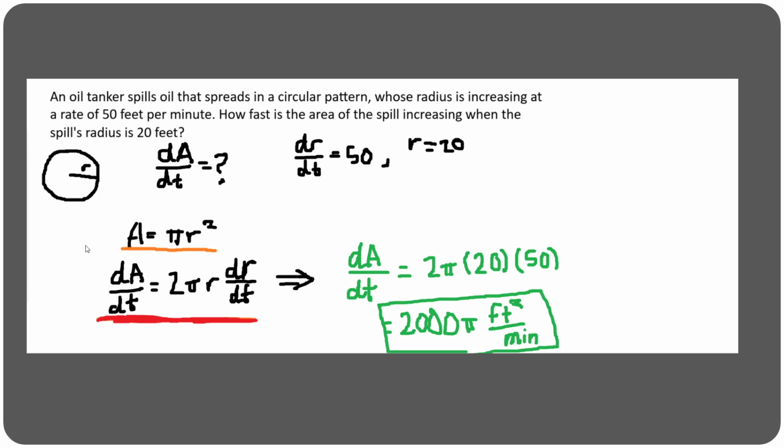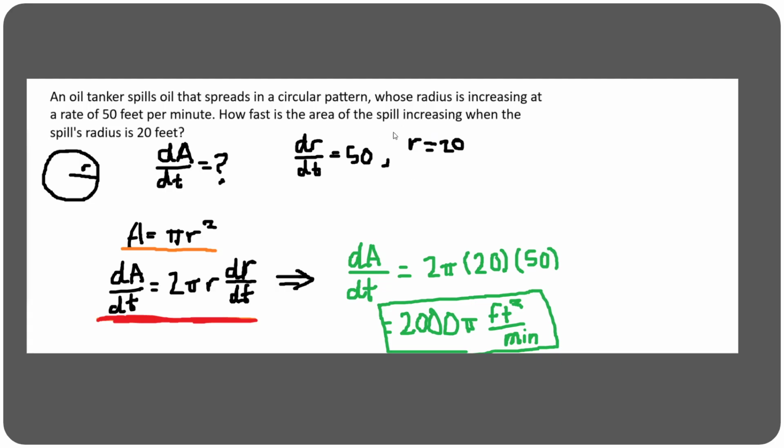Once again, implicit differentiation is super useful for problems like this. Whenever you're differentiating something that isn't time, you have to tag on a little dr over dt or dA over dt or whatever. Okay, from here, the problem is really simple. We already have the rate of the radius, and we have the radius that we're solving for.